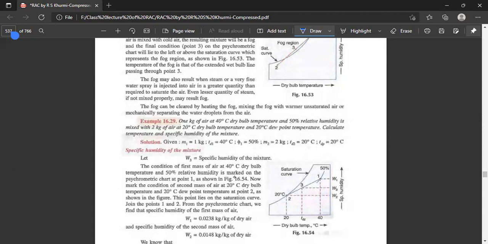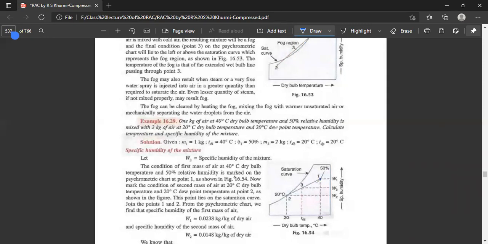So, what is state 1 here? State 1 is 40 degrees centigrade dry bulb temperature and 50% relative humidity. The 50% relative humidity line joins at this point here, and the specific humidity W1 is available from here.